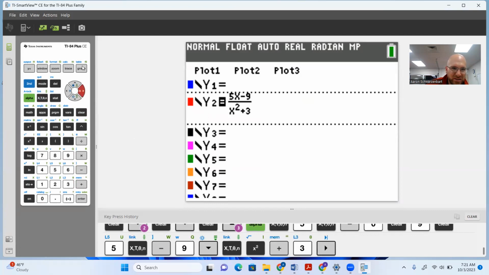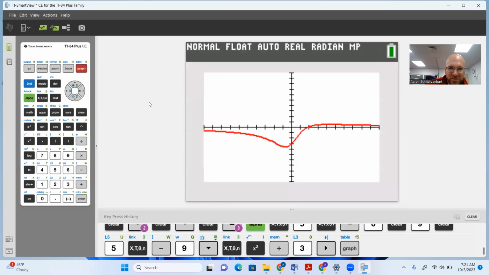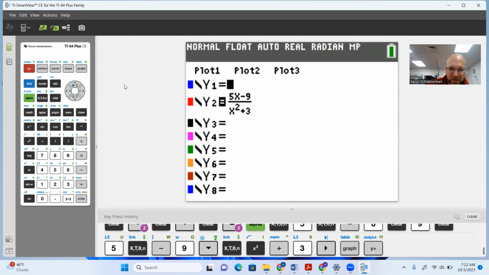And first thing, I'm just going to take a look at that graph. I'm still in Zoom standard. So here it is, like that. Now, to take a look at its reflection across the other axis, I'll go back and I'll put in negative. I have to actually use the negative button, can't press the minus sign.